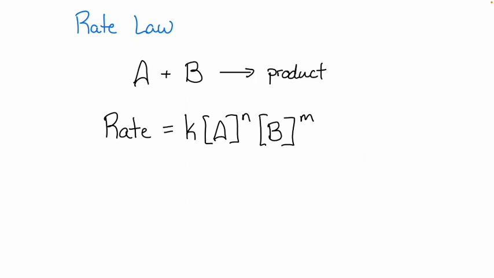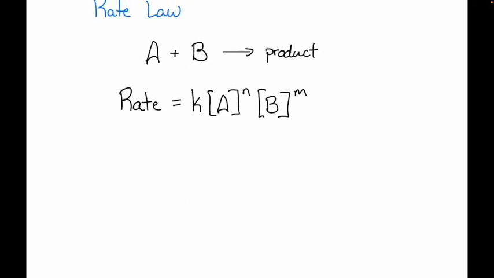All right. So now we have 2 reactants, so our rate law is going to be dependent on the concentration of both of them, and our goal is still the same. We're trying to figure out what these orders are and what our rate constant is, so we can figure out what our rate law is for this particular reaction. So again, we're going to need a set of initial rate data.